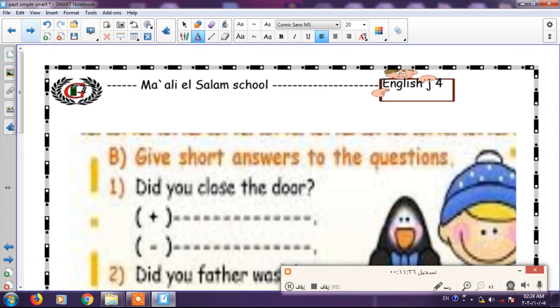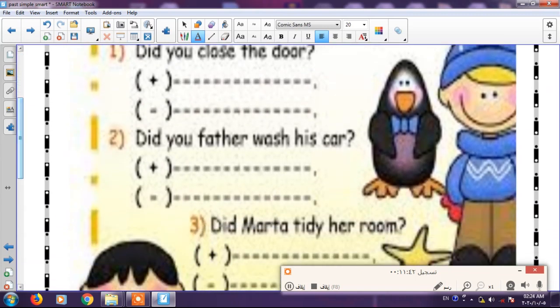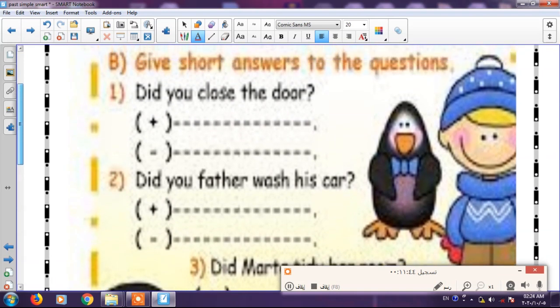Let's go to the next page. And here give short answers to the questions. Here, examples for yes or no questions. In the first time, we will answer with yes, and in the second time, we will answer with no. One for positive, and the second is for negative.